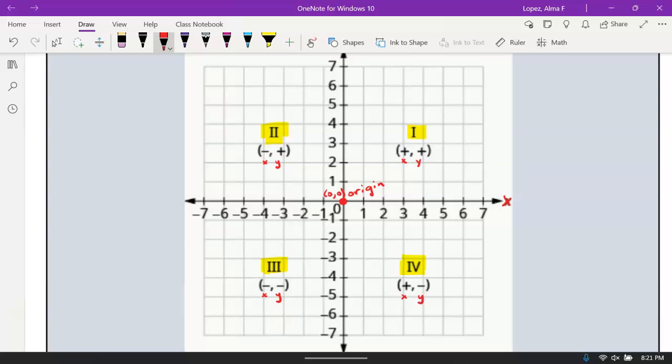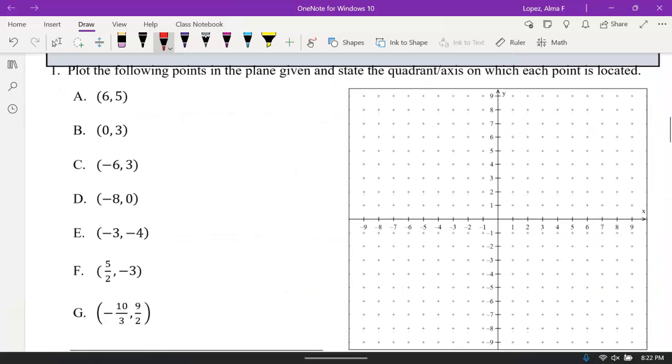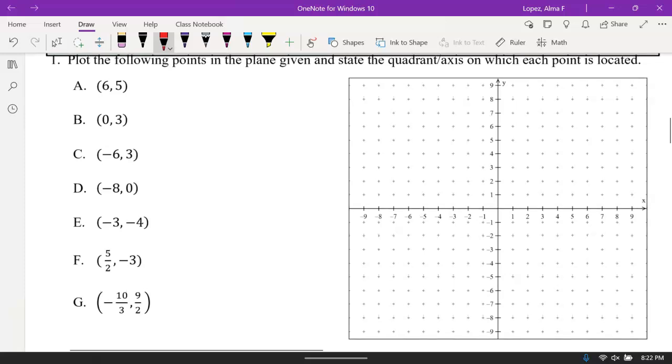I think it's easiest to just go ahead and jump right into it and actually plot some points. So here is another rectangular coordinate system. And we're going to plot each one of these points, and then we're going to state the quadrant that each one is located in. Now let's start with the point, letter A up here. We're going to plot the point 6, 5.